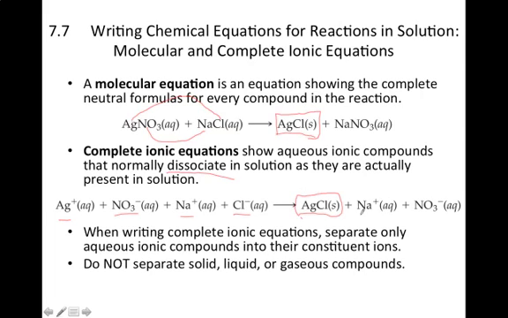Our sodium ion appears again on the right-hand side. It didn't change, and neither did nitrate. So, when writing complete ionic equations, separate only the aqueous ionic components into their constituent ions. Notice everything that was AQ got separated into its constituent ions.